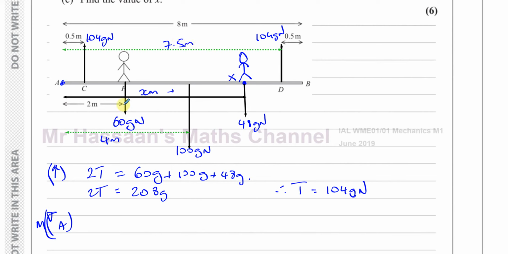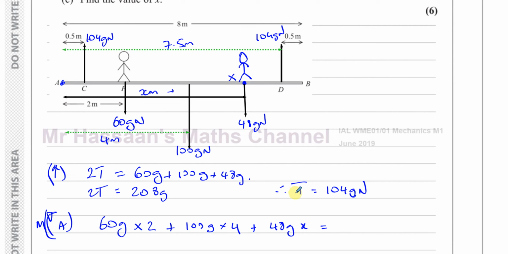So let's look at the clockwise moments, which are these three. So we have 60g times 2 plus 100g times 4, not 8, 4, half of 8, plus 48g times x. That's the moment of the force we're trying to find, x.